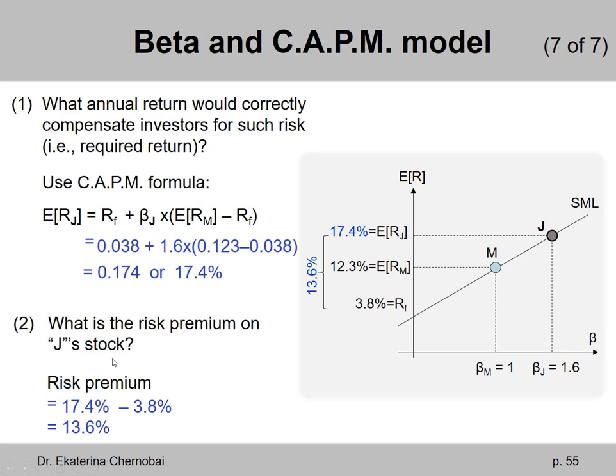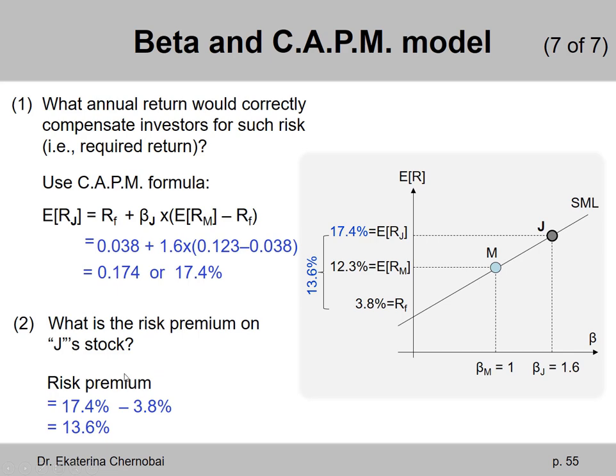Then in the second question, we were asked to calculate the risk premium. That's the difference between the return on J stock and the risk-free return, 3.8%. So it's this difference, the 13.6% difference. So just a refresher on what risk premium means.